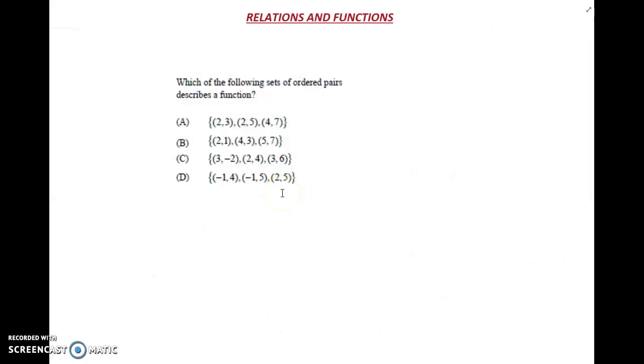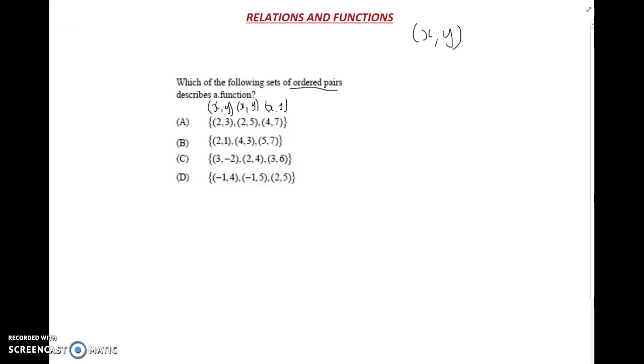And now this question, it says, which of the following sets of ordered pairs describes a function? We might just use the term ordered pairs. Ordered pairs are when you have your x and your y values, x comma y. That's an ordered pair, right? Now remember, I said the first number is the x, the second number is the y. First is x, then y.